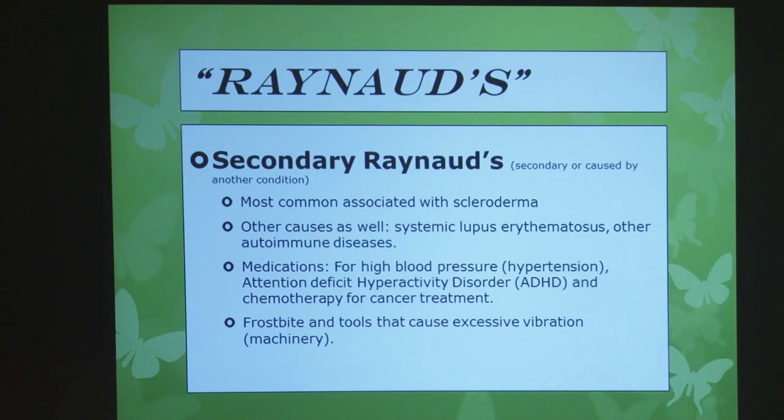Certain medications for attention deficit disorder also can cause the same effect. And I actually see patients with primary Raynaud's who are younger and diagnosed with primary Raynaud's who are on attention deficit hyperactivity medications. When they come off, they actually improve or the Raynaud's resolves. So they were inappropriately called primary when it was a secondary medication causing the condition.